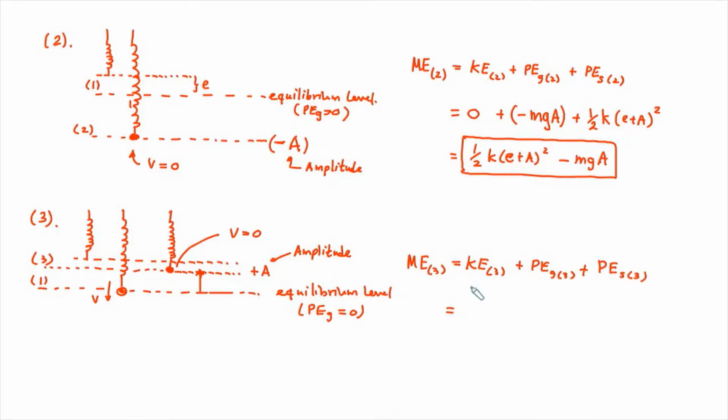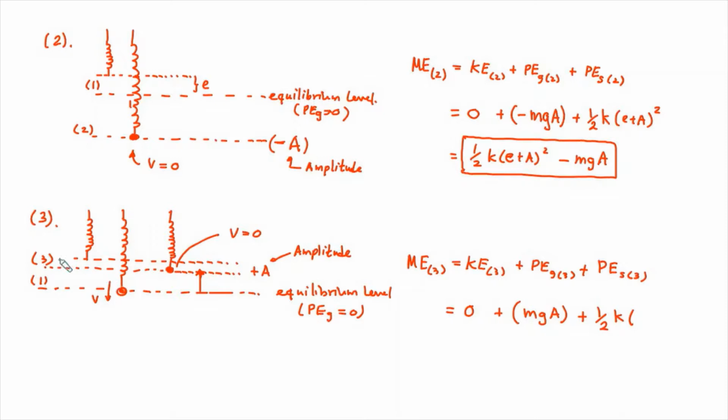Just like in part 2, kinetic energy is 0 because it's at this extreme position, plus this one is going to be positive mgh. I'll simply write mgA because our new level is above the equilibrium level, where we considered the potential energy due to gravity 0. So mgA plus the spring potential energy of the system, which is due to the stretching or the compression of the spring. So that would be 1/2 K.